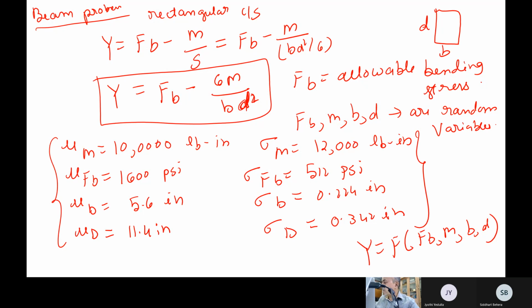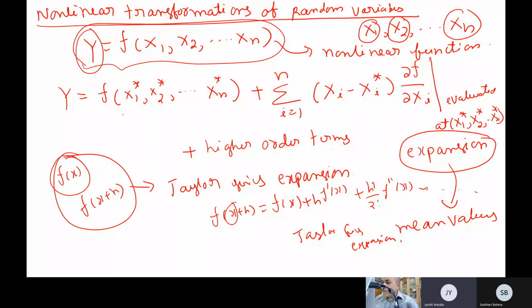Is it a linear or a non-linear transformation? It is non-linear. So when you have a non-linear transformation, what do we have to do? We need to use the Taylor series.